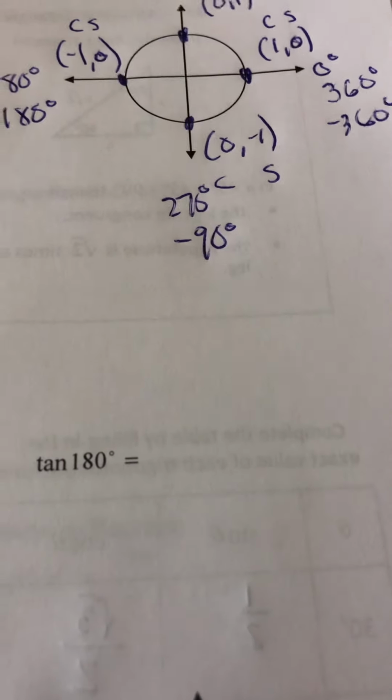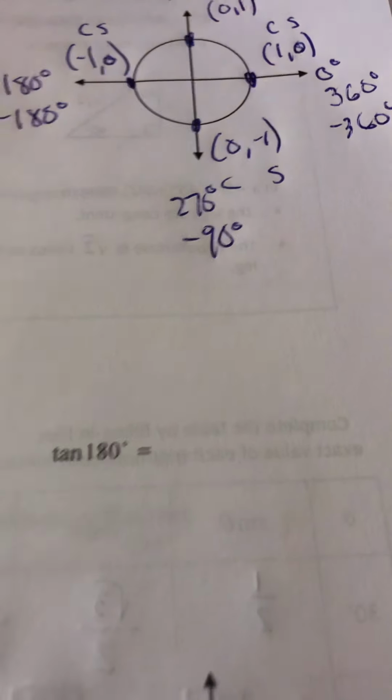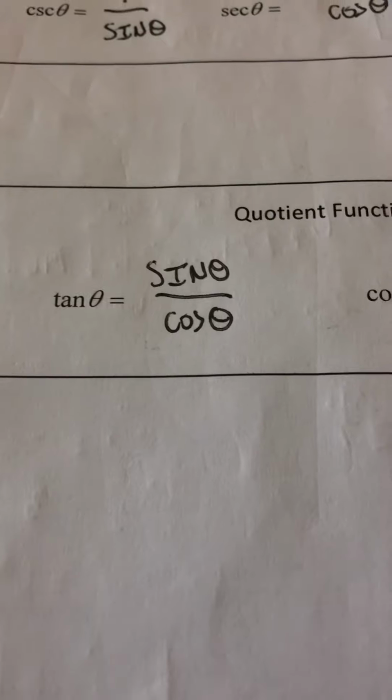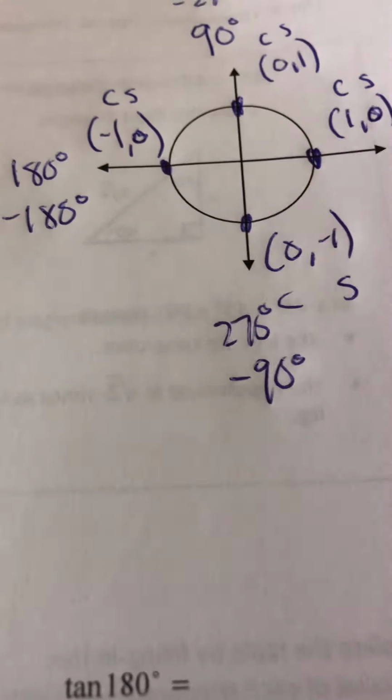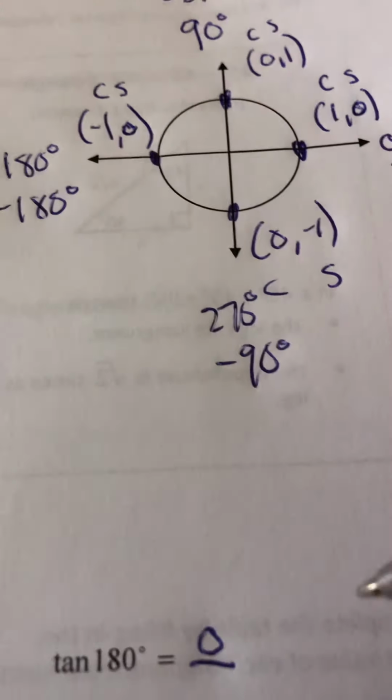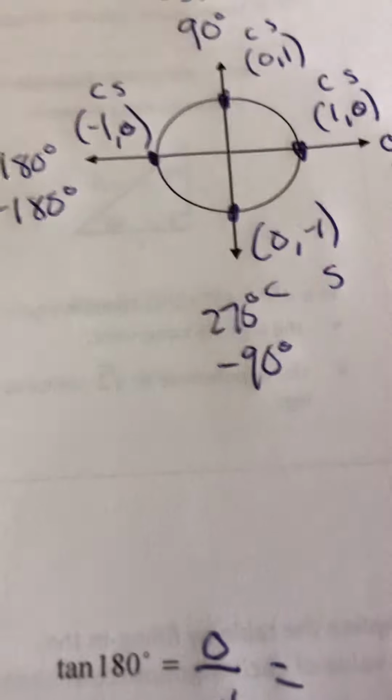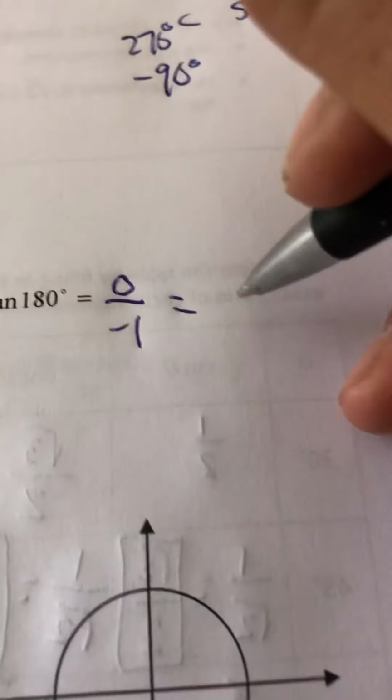If we refer to our sheet, tangent is sine over cosine. So we know sine over cosine at 180 degrees. So 180 degrees is here. We have sine, which is 0, cosine, which is -1, and that just simplifies to 0.